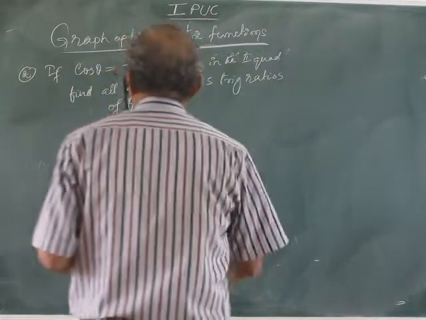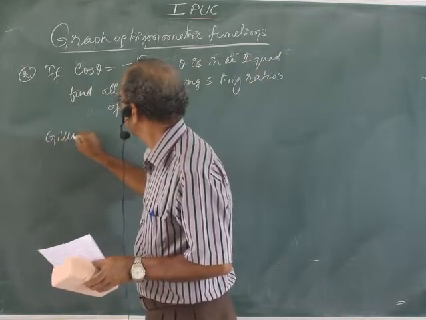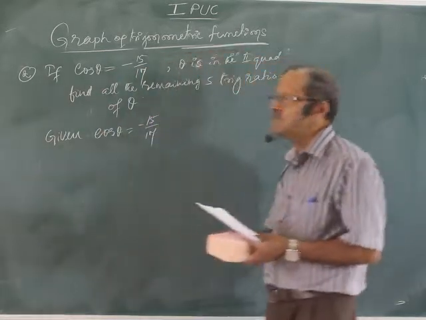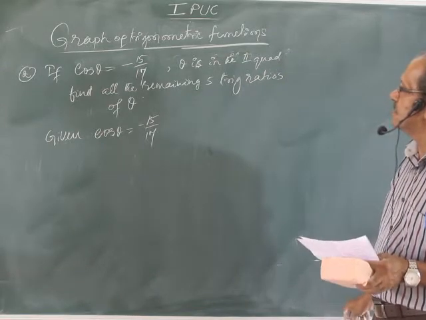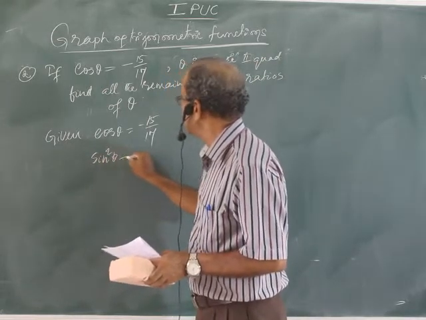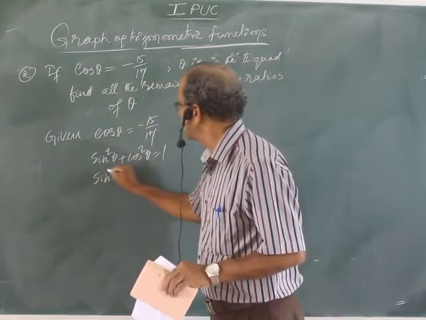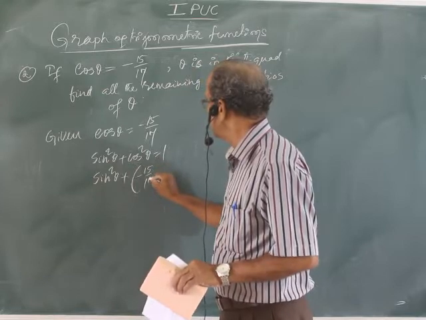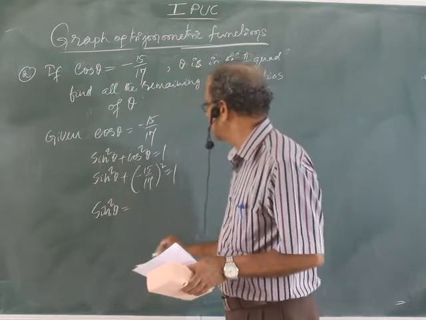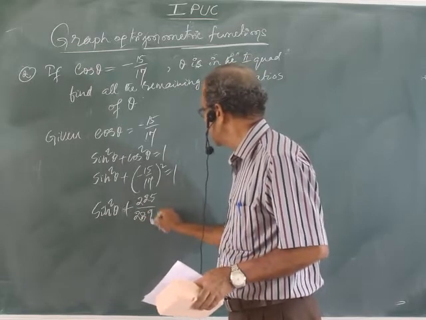Now, only the change is that the angle is in the second quadrant. Given cos theta equal to minus 15 by 17. Same formula let me use. Sin square theta plus cos square theta is always 1. Sin square theta plus minus 15 by 17 square equals 1.